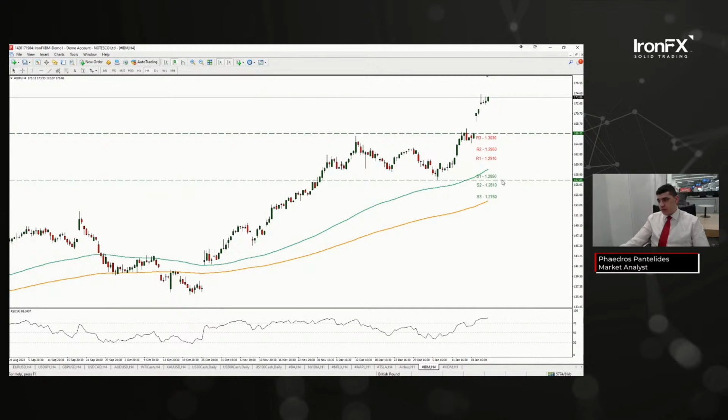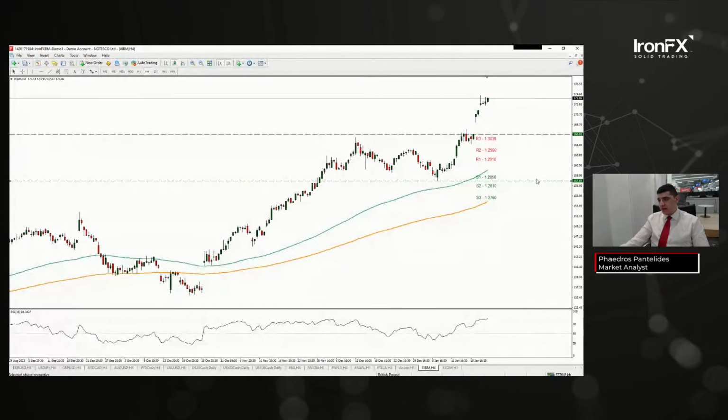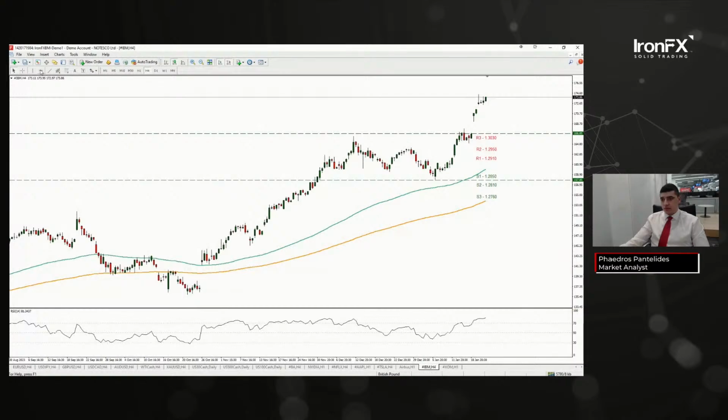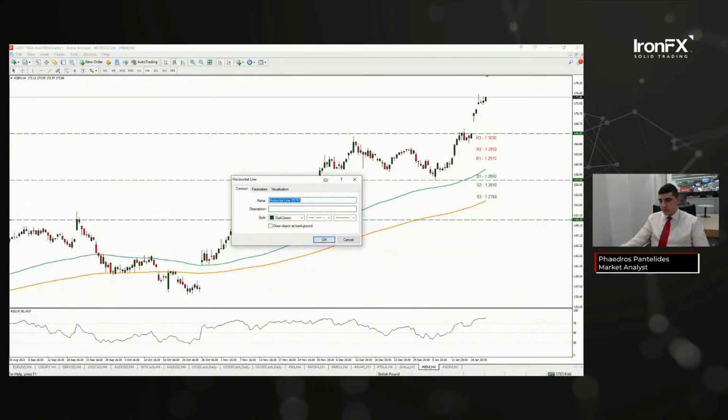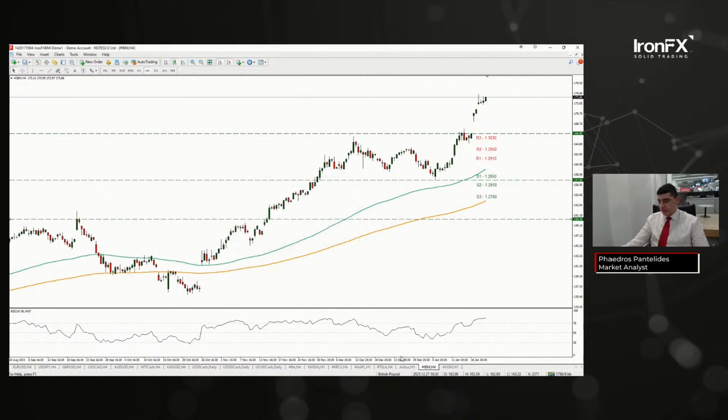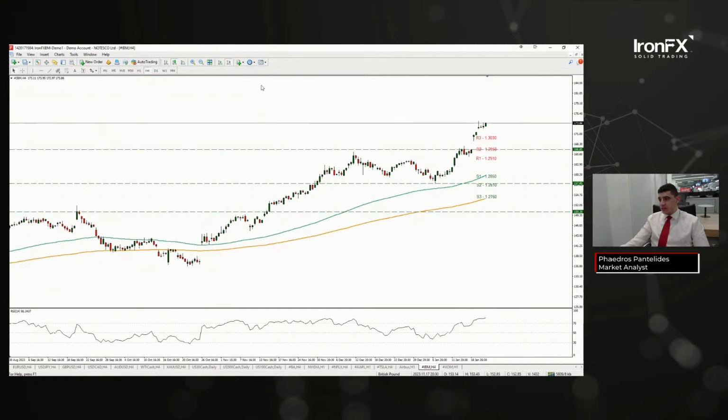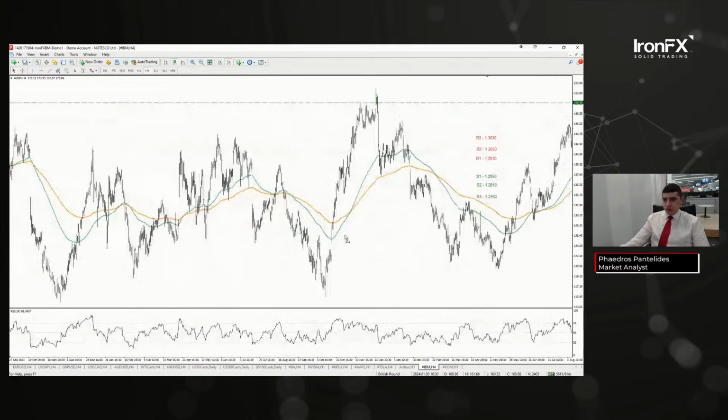Taking this wick, 157.85 for S2. Then for S3, this old high, 150.30. Now, in terms of resistance, let's go back.